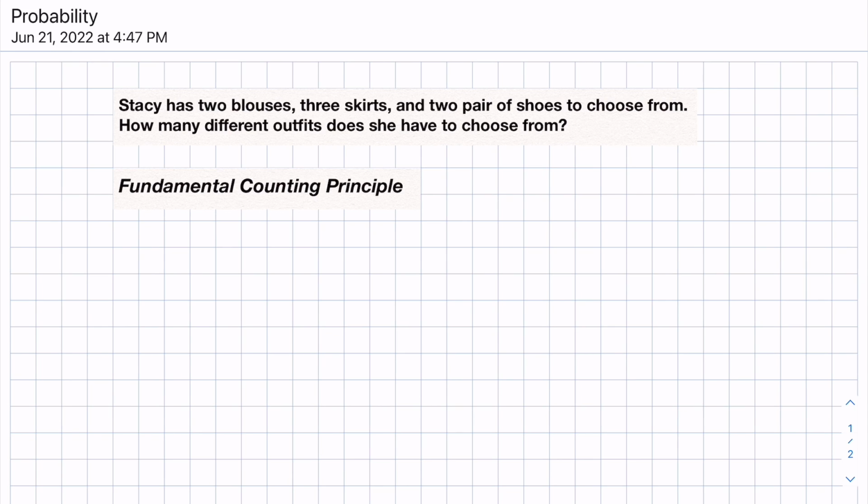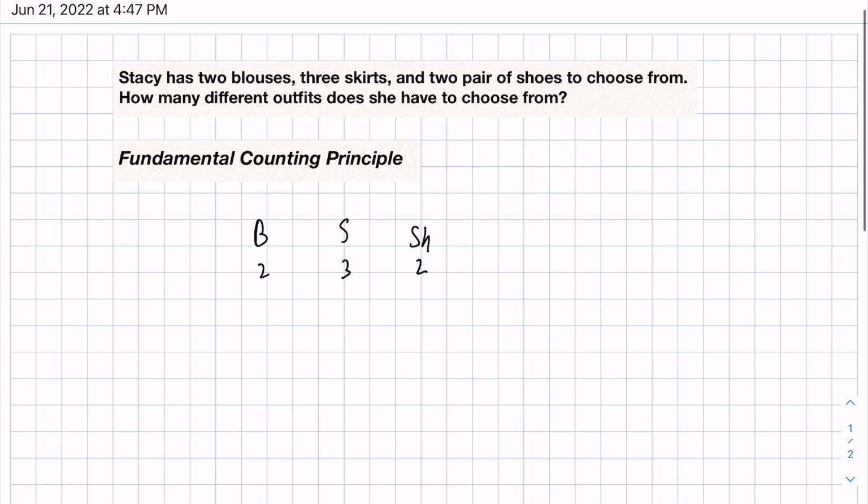The blouses there are two, skirts there are three, and the shoes are two. The fundamental principle says that if we multiply these numbers, we should be able to get the answer. So if we multiply 2 times 3 times 2, we get 12. And when we listed all the possibilities out previously, the answer we got is also 12.